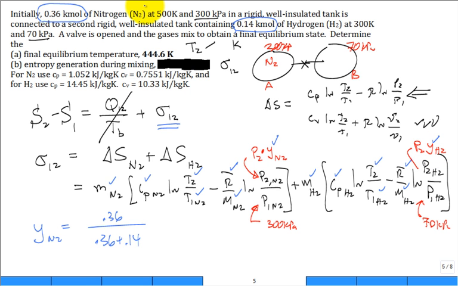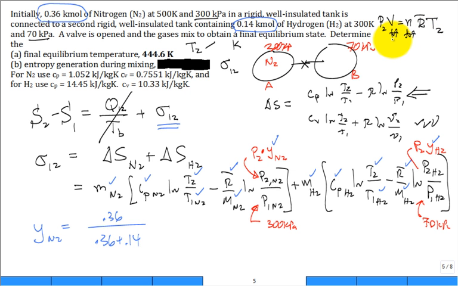Yeah, I do. All right, what you have to do is you think, maybe I can use the ideal gas equation to get that final pressure P2, because if I know the final volume of the total gas mixture, and I know the total number of moles, maybe I put volume total instead of V2, total number of ideal gas kilomoles, and I have R bar, that's the universal gas constant, and I have T2 final.